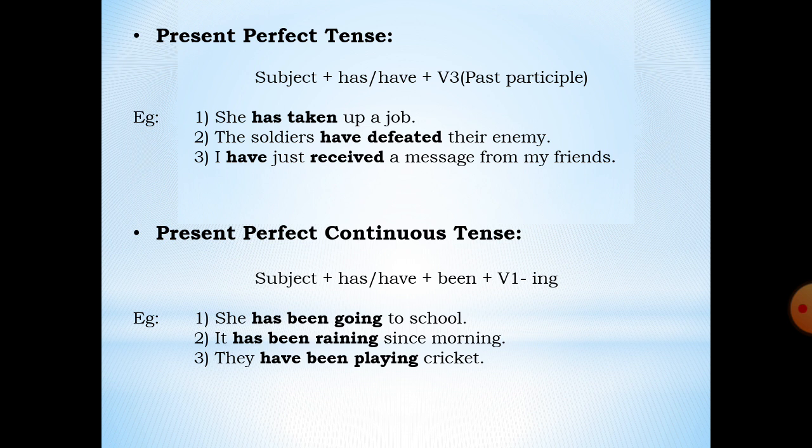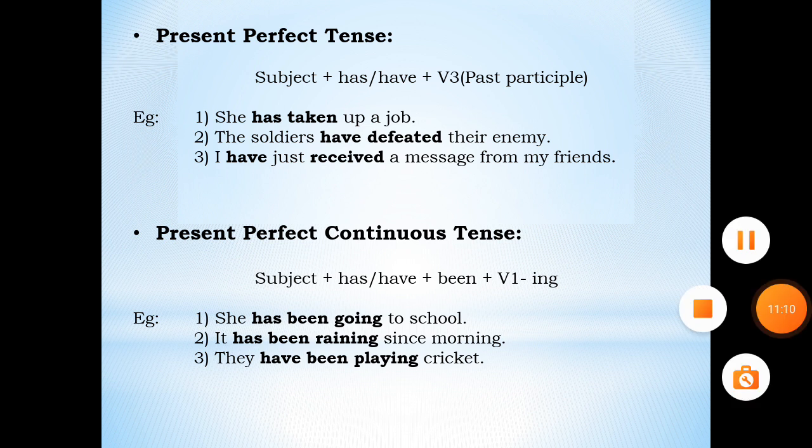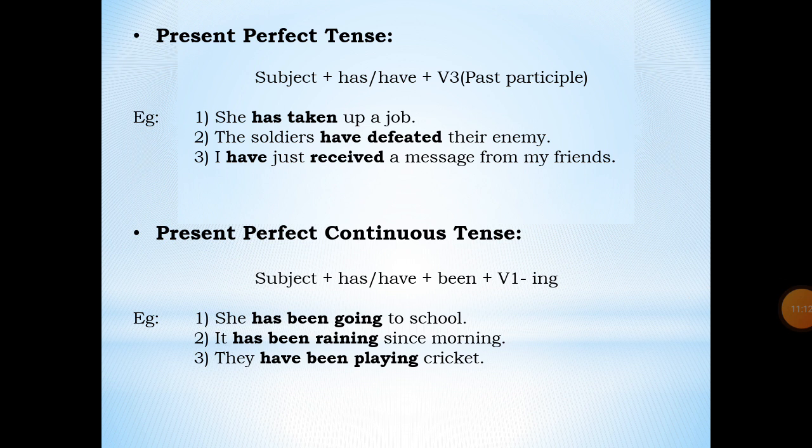Third sentence, I have just received a message from my friends. So I stands for myself, for alone. But you have to remember one thing, that I is a singular pronoun. Along with I, has never goes. Along with I, only have goes.